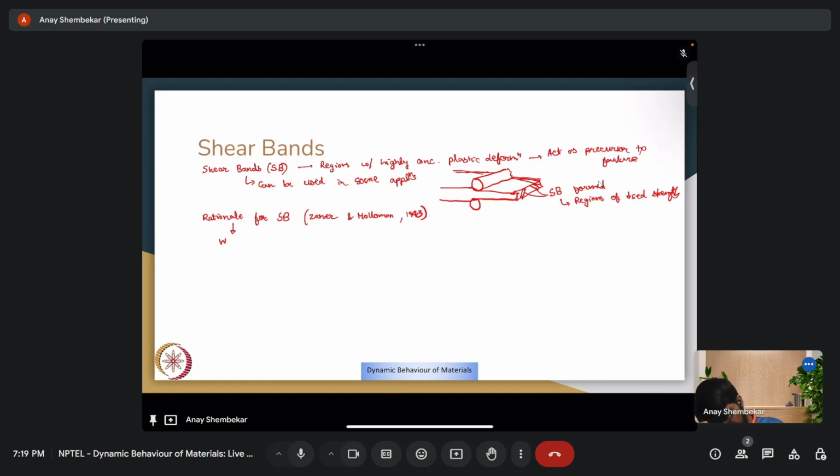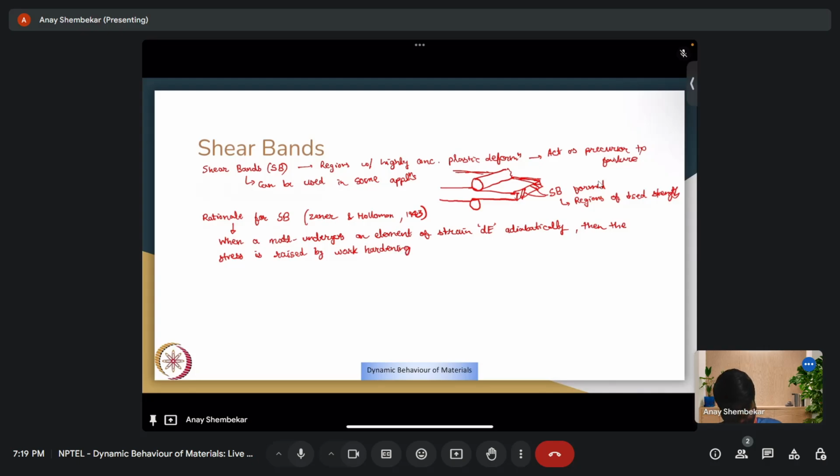It goes as follows: when a material undergoes an element of strain d epsilon adiabatically, then the stress is raised by work hardening and lowered by the associated temperature rise.